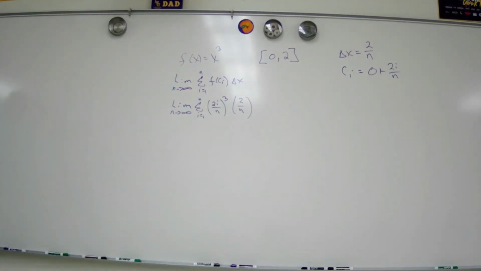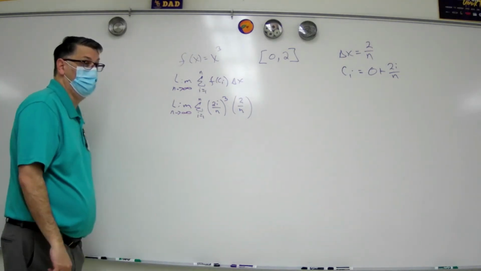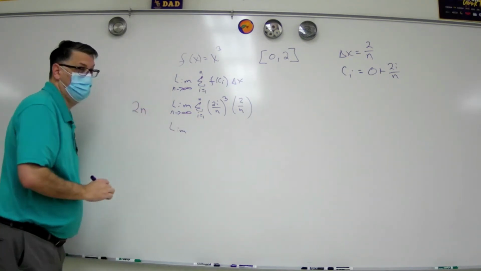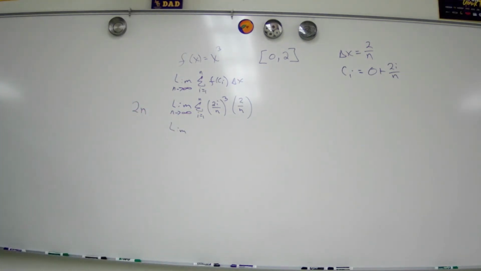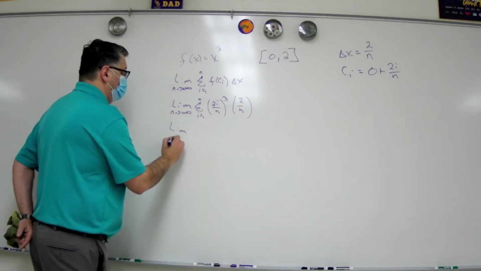All right. What do I pull out first? The 2 over n, not 2n, 2 over n. 2n is this. So don't pull out a 2n, pull a 2 over n out.